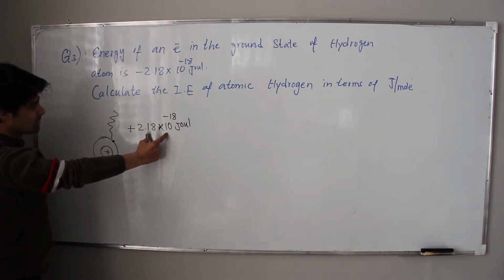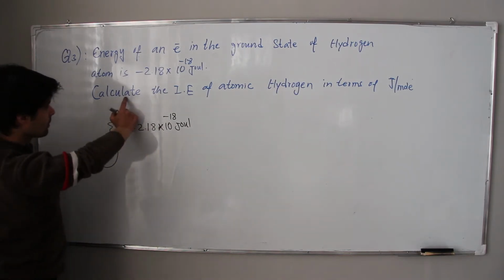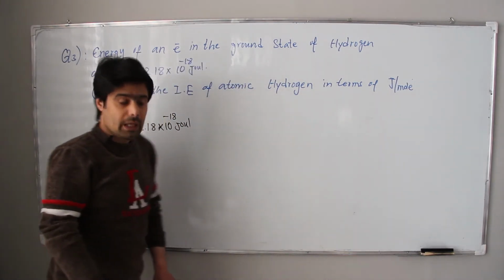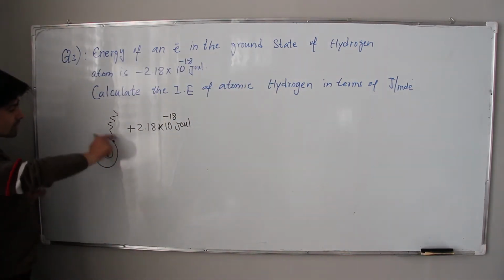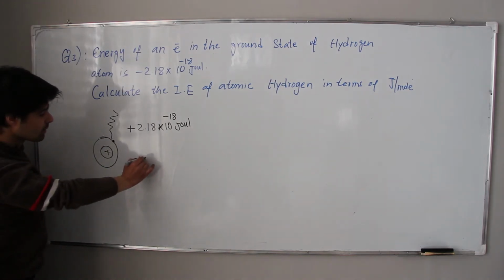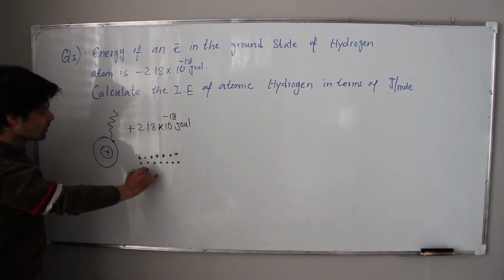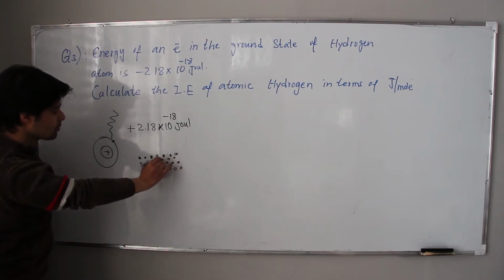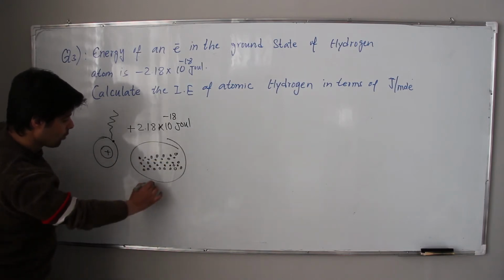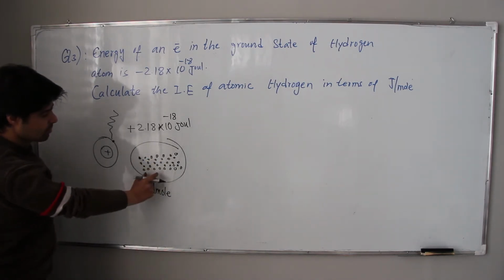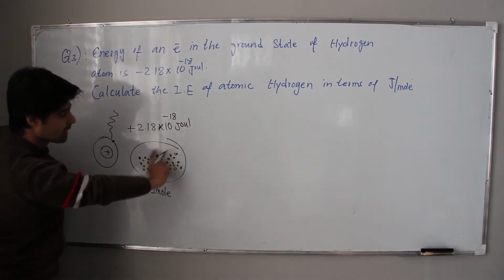Now, what is asked here? They asked to calculate the ionization enthalpy of atomic hydrogen in terms of joule per mole. It means if you do not consider one hydrogen, but 1 mole of hydrogen. For 1 mole, how much energy must we give to remove the electrons?